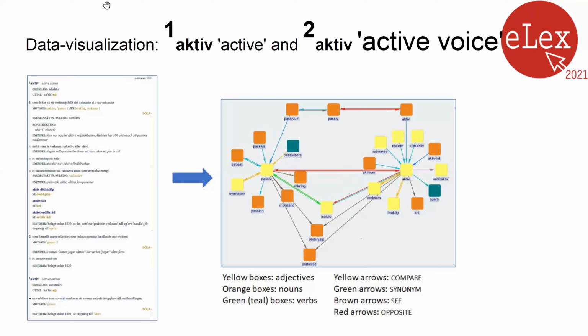And why is this? Well, because we know that cross-references between semantically related headwords are especially important for both reception and production. And we also know that synonyms or antonyms provide additional semantic information to words.